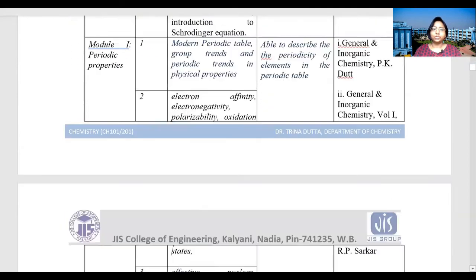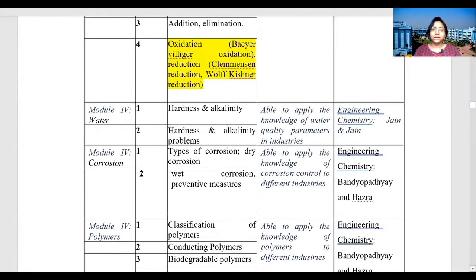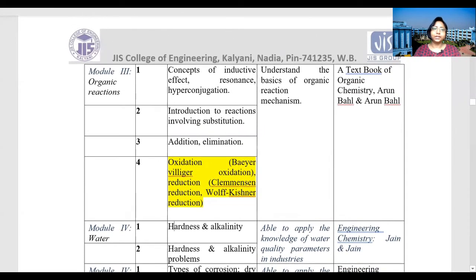First it is module 1, then module 2, and our part is in module 3. Module 3 is organic reactions. You have already learned the first 3 lectures, which I have covered: the concept of inductive effect, then the introduction to reactions involving substitution, and also the addition and elimination reactions.